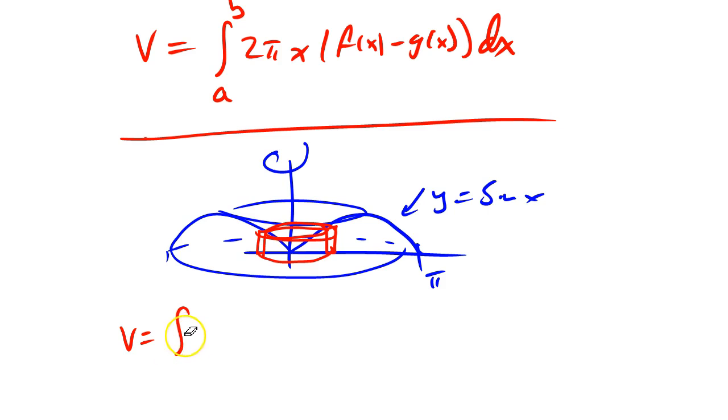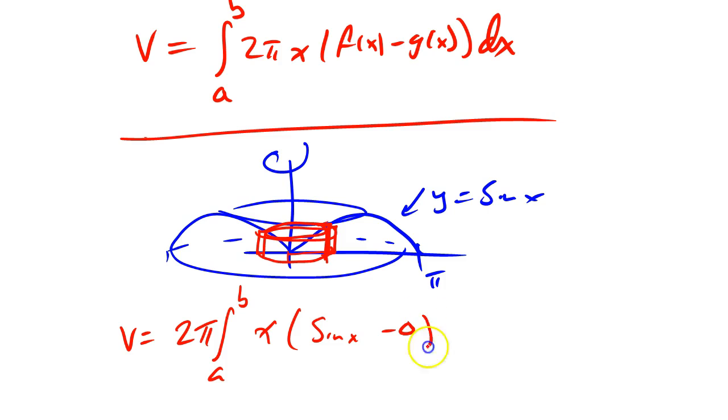Actually, the 2 pi can come out in front. 2 pi times the integral from a to b. The radius is the x value right there, minus 0. The height function here, this is vertical, so it's the y value on the top, which is sine x, minus the y value on the bottom, which in this case is 0, times dx, thickness.